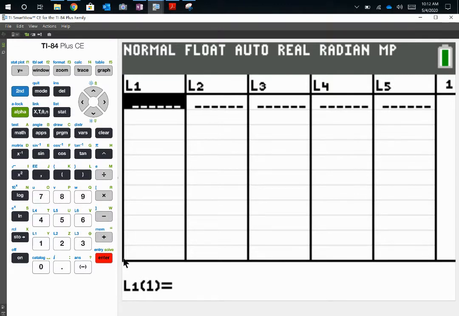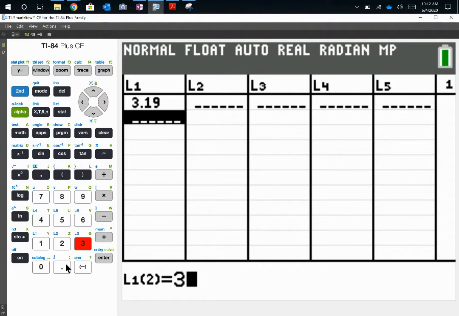And now you can go ahead and input all of your numbers: 3.19, 3.09.